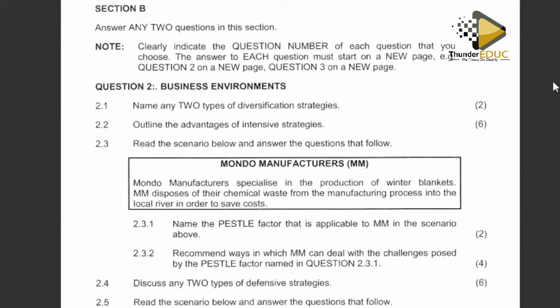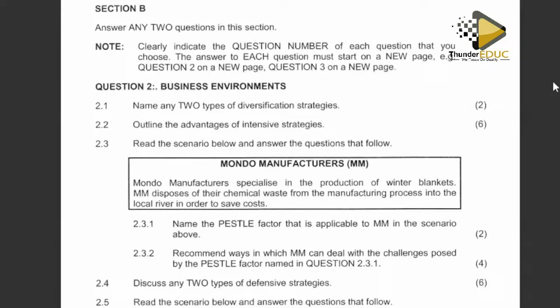I know some of you have this mistake of always jumping onto questions when you only know 15 marks in that particular question and the rest you don't know, or only 10 marks and the rest you are not aware of. So the advice that I give you, always make sure that you add the marks of the questions that you think you will be able to master. Okay, thank you very much.